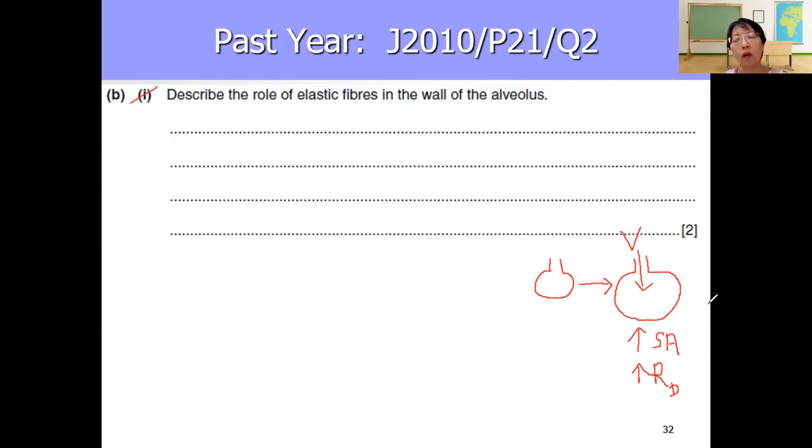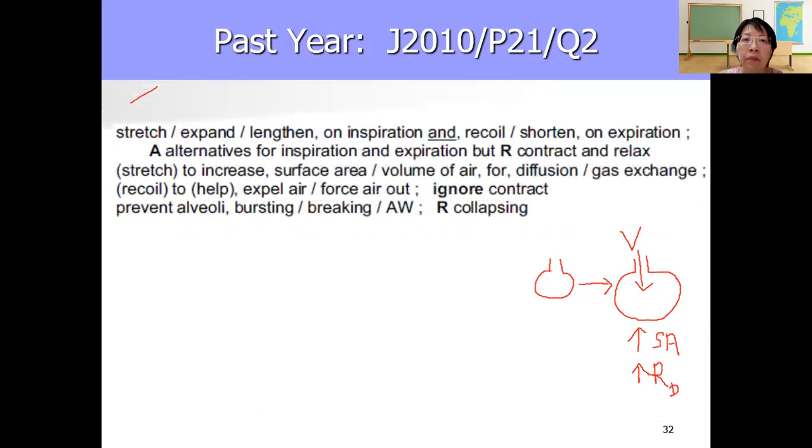Because when you breathe out, your intercostal muscles and diaphragm will be relaxed, and the elastic fiber is the one that will recoil to push the air out from the alveolus. So that's why it's relaxed. So the mark scheme answer is, you want the alveolus to be able to stretch on inspiration, which is inhalation, and recoil back on expiration, which is exhalation.